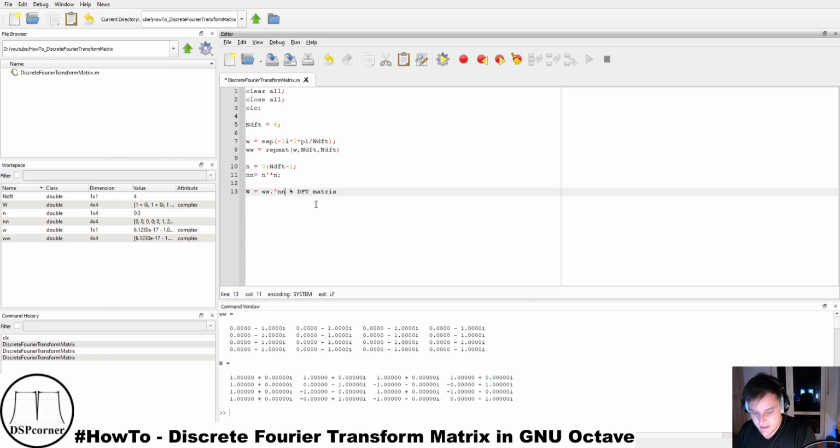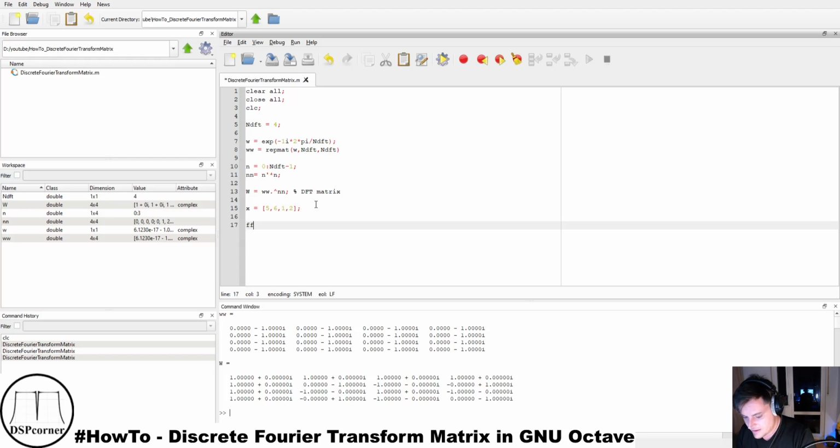So now we want to test the matrix by applying it to a signal. Let's create an arbitrary signal X with 4 elements in it, for example 5, 6, 1, 2. This is our vector from which we want to calculate our DFT, FFT.